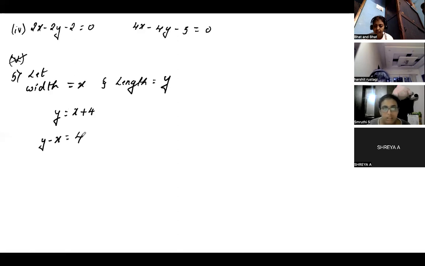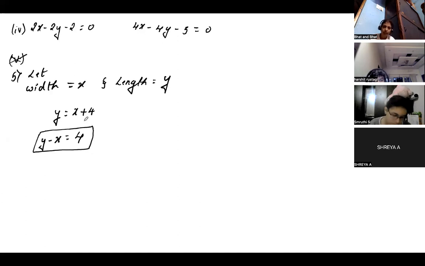And then one more thing they have told. Why is it our first equation? We should have only one variable on the left side, no? Or we can have both of them. If you are writing a pair of linear equations of two variables, then the equation should be like this.